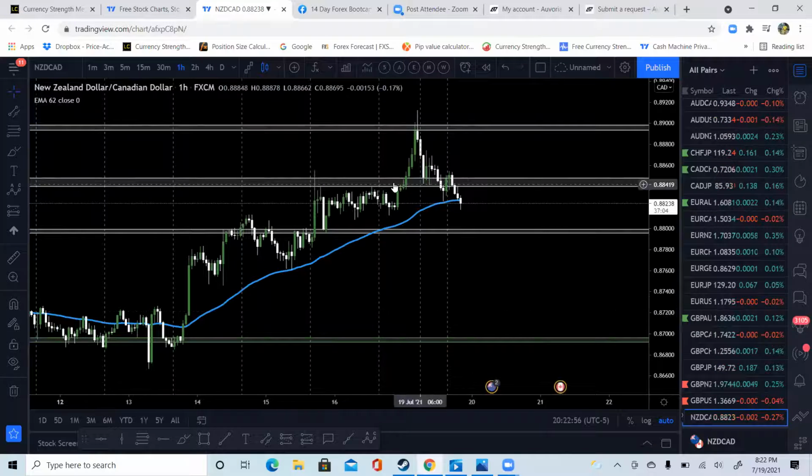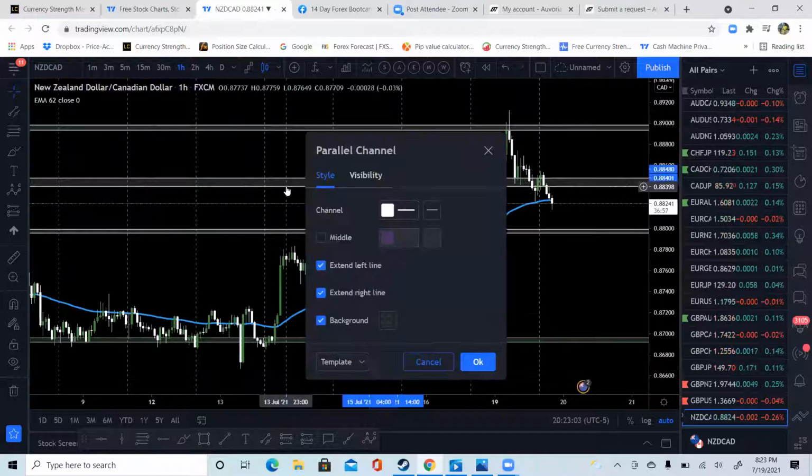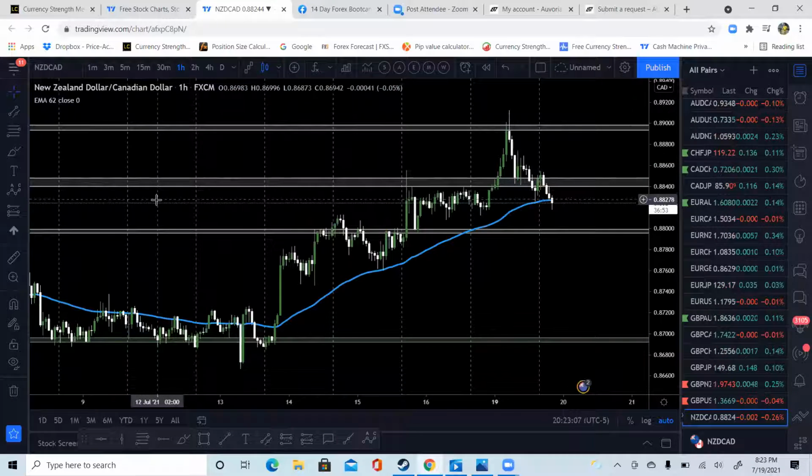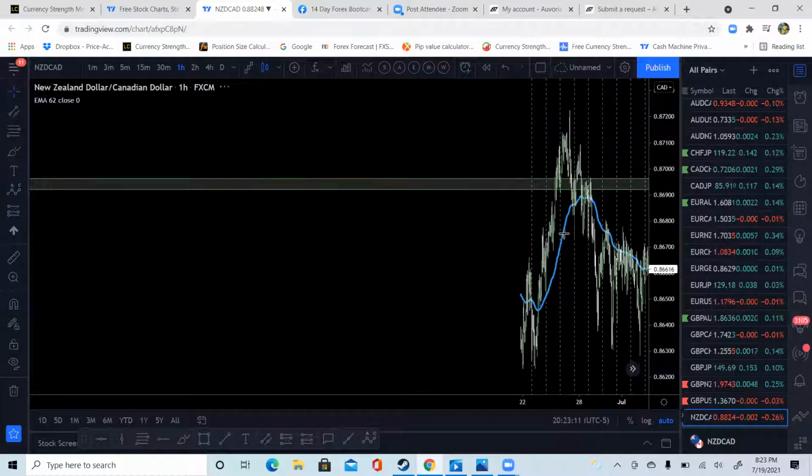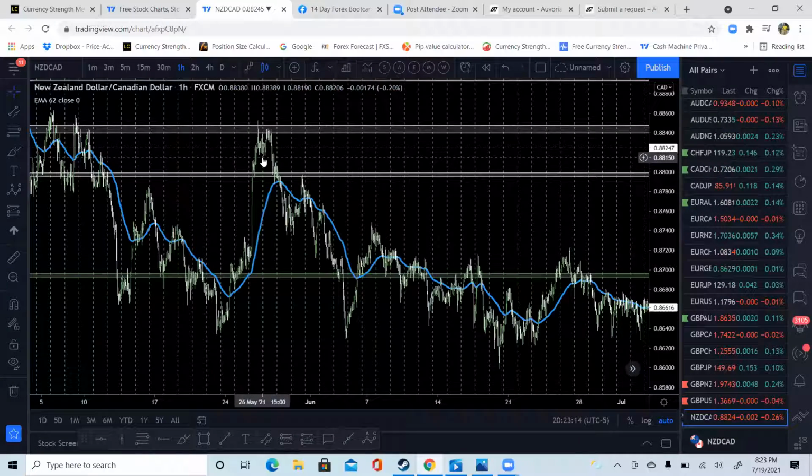I already marked up that one. So see here, this is something. When did I mark this up? I have no idea when I marked this up. Let me see. I wouldn't have marked it up the other day. I marked it up back here.